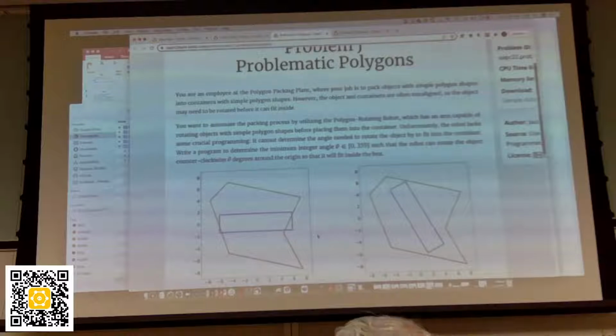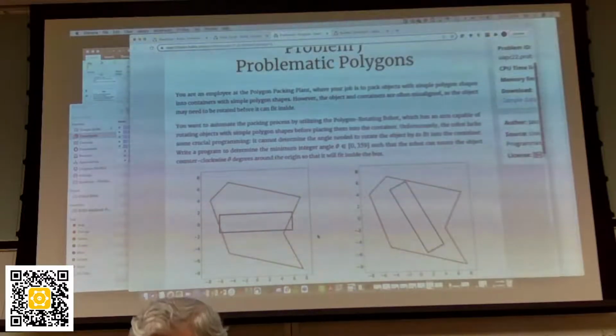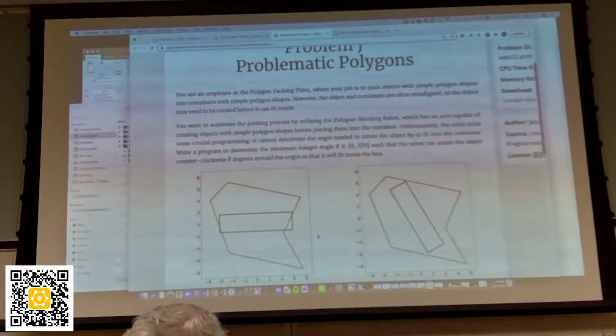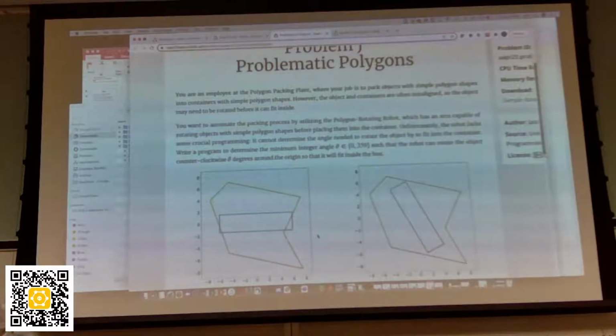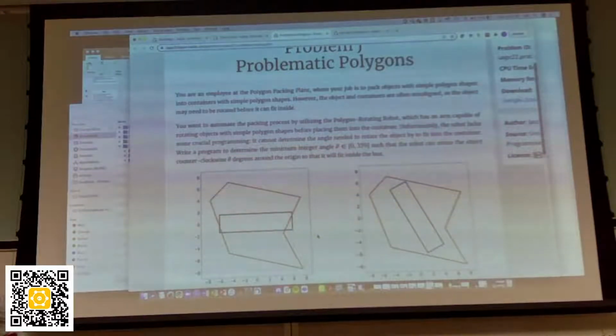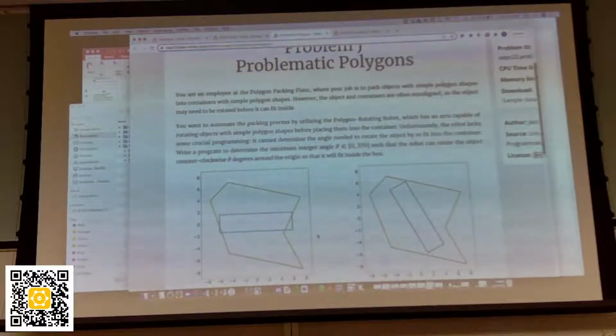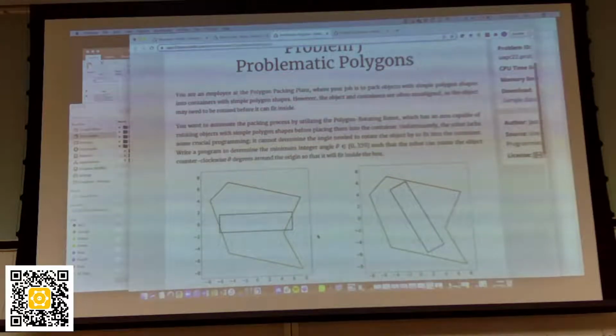So the first thing I have to do is figure out how do I take a polygon and rotate it by whatever, x degrees. Is this easy? So here's my origin. Here's some point of the polygon. It doesn't matter what the polygon looks like.